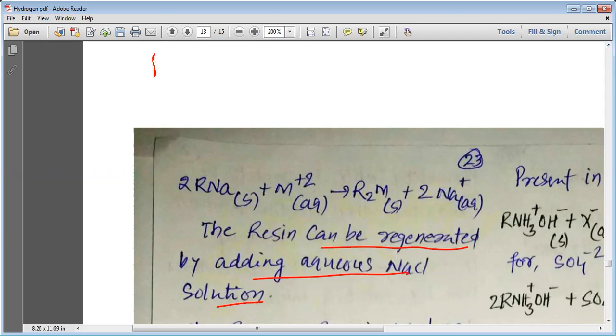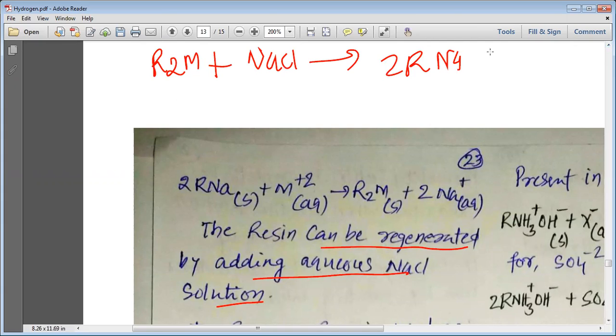So if you have R2M and if you add NaCl solution, what you are going to get is 2RNA and MCl2.